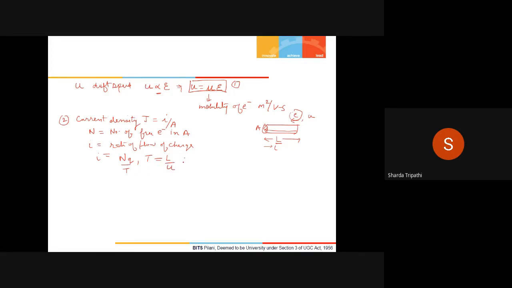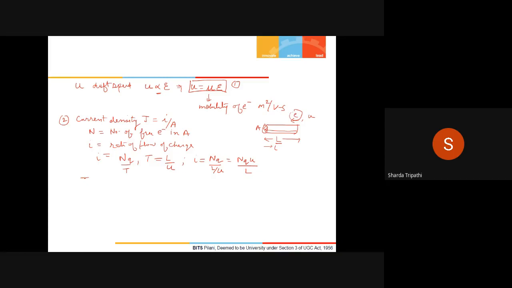So if you substitute this back, what happens? I becomes equal to Nq, and instead of t, I put L by u. So this is equal to Nqu by L. So this is one way of expressing the current.